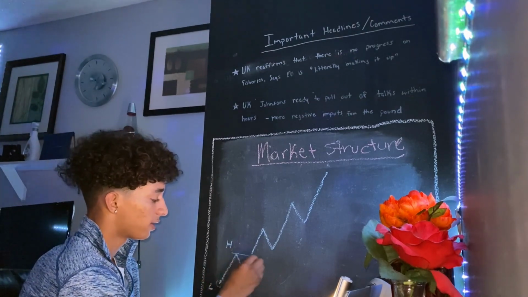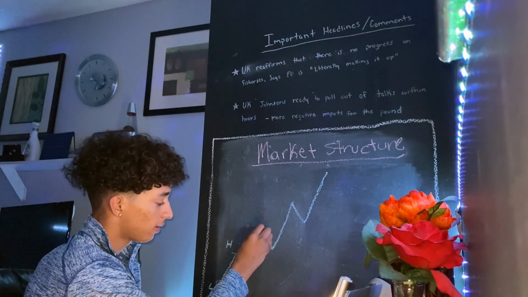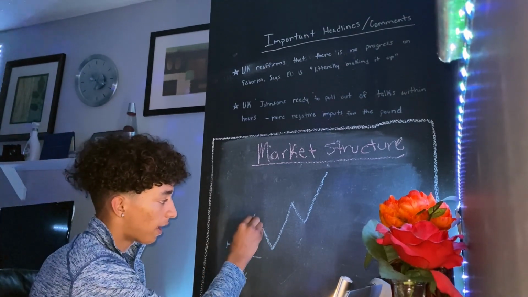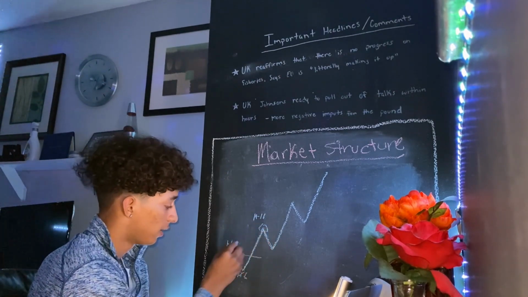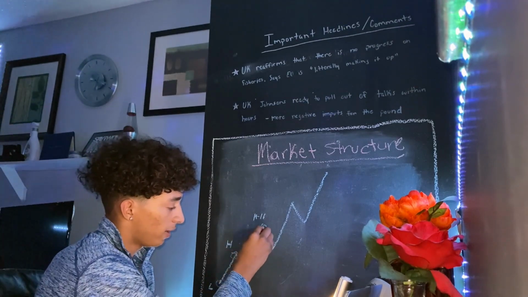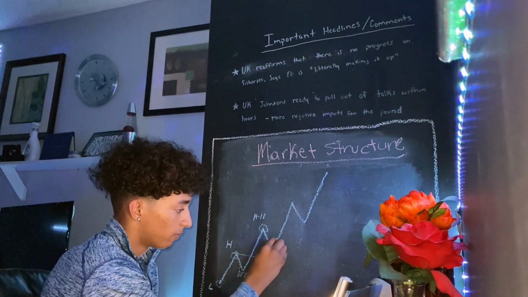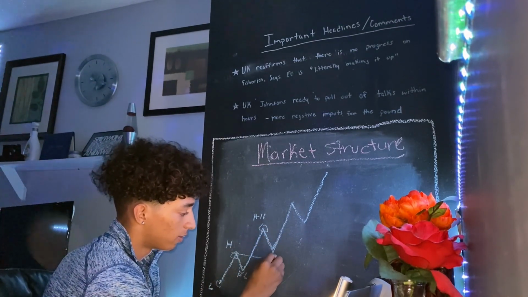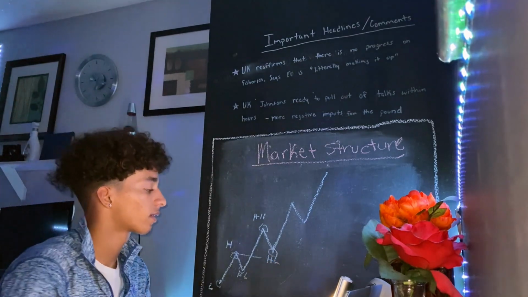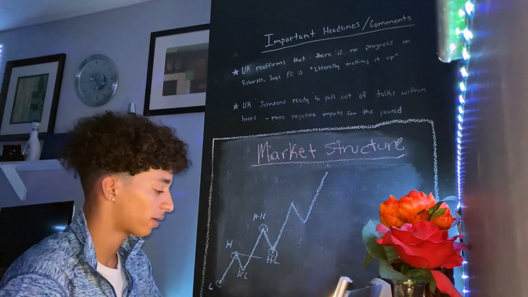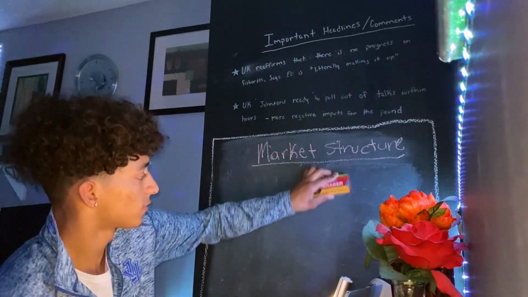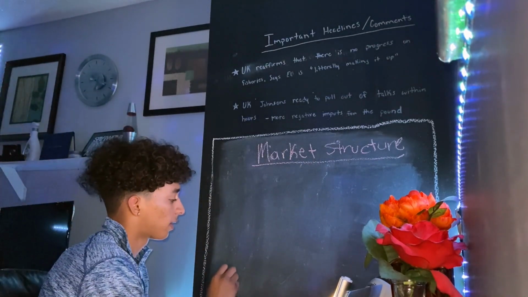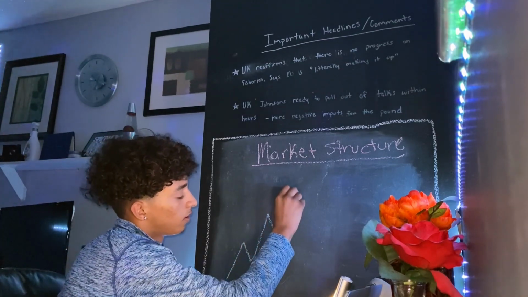And then once price comes up here and breaks this high, it's now a higher high because this is higher than the previous high. And then it comes back down here to make a higher low. So that's just how you identify market structure. So now let's see if price is going like this.